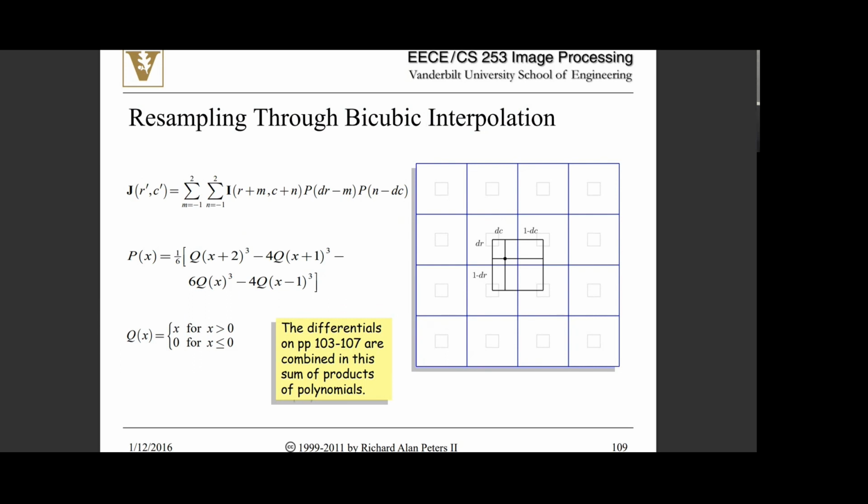So what you're saying is the output image is a neighborhood of the input images. So this sum is going over all these pixels. And then it is taking all these pixels with the right weights. And the right weights are given by a polynomial of degree 3. And the bilinear has the same structure, but now with the polynomial of degree 1. But again, why this 4, why this 6, we don't go into those details.